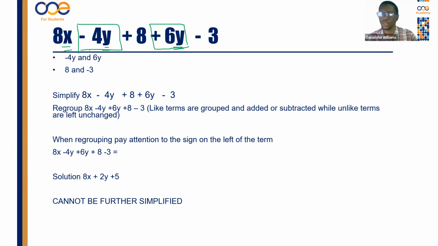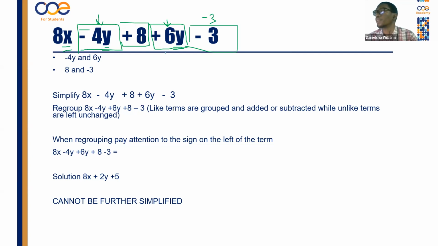The sign to the left is the sign that's applied to the number to the right. So this minus sign applies to this 4, so it's -4. This plus sign applies to this 6, so it's just 6. Same thing for this 8 and this 3, so this 3 is actually -3.